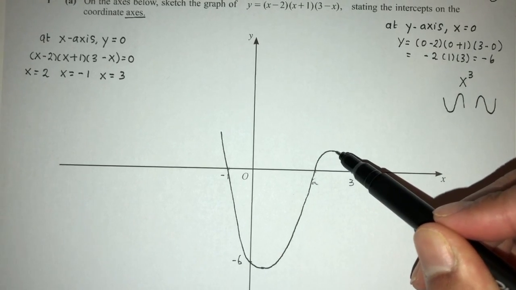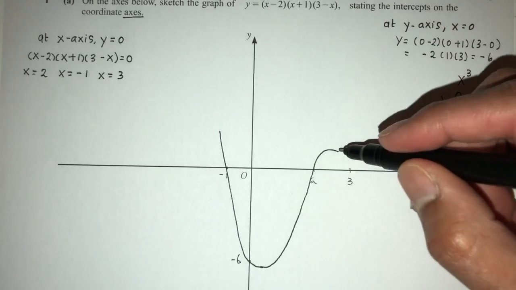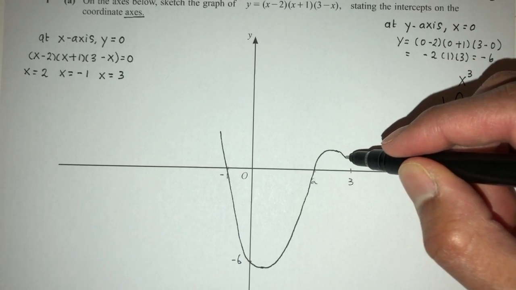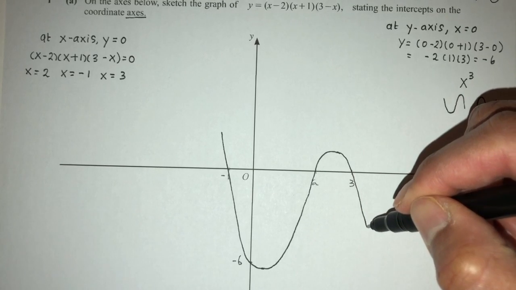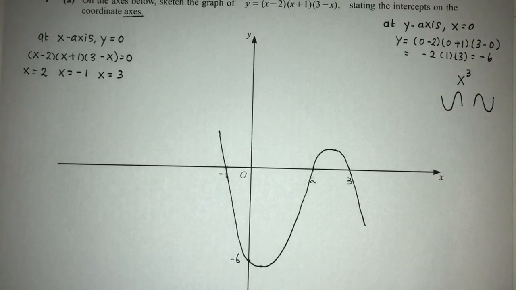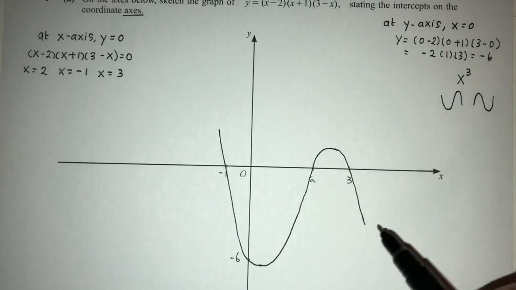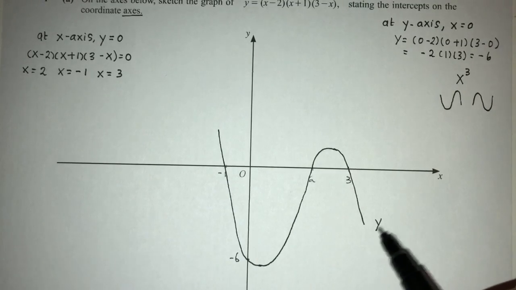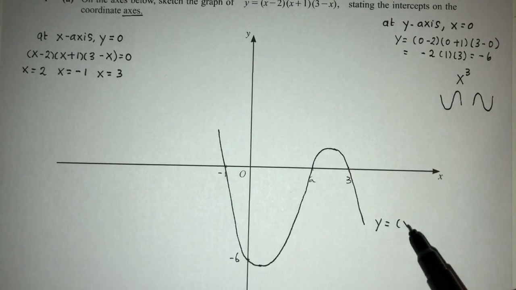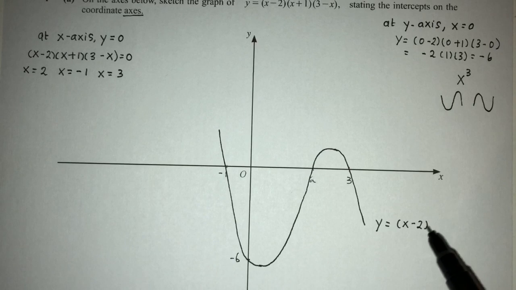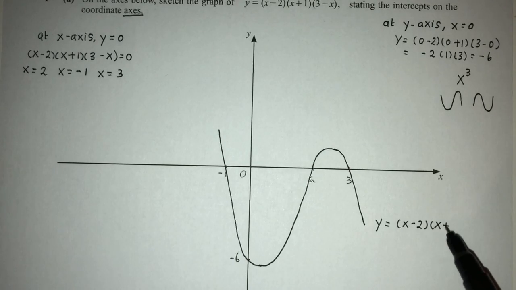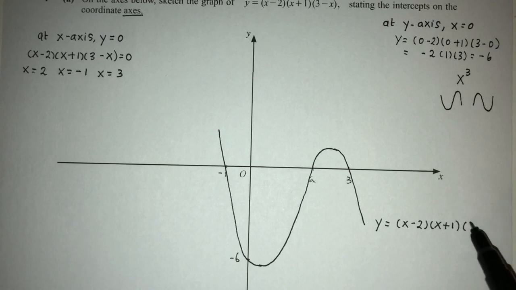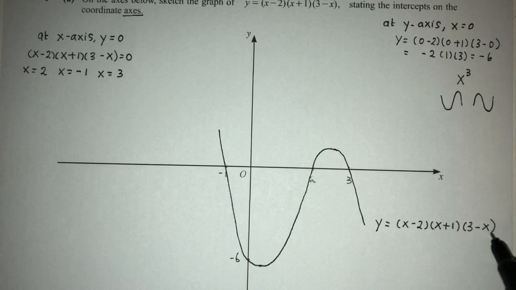And then obviously you will have to go down because it has to have a maximum point as well as a minimum point. So the shape will be somewhere like this for your curve. And don't forget to label this as y equal to x minus 2, x plus 1, and 3 minus x.